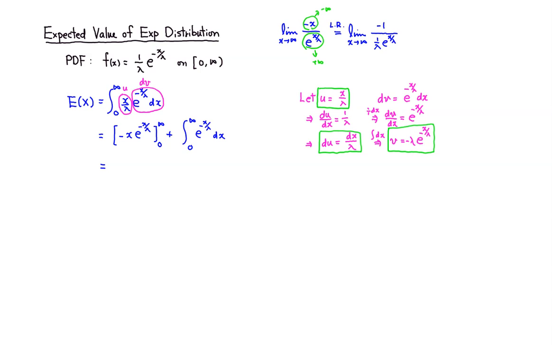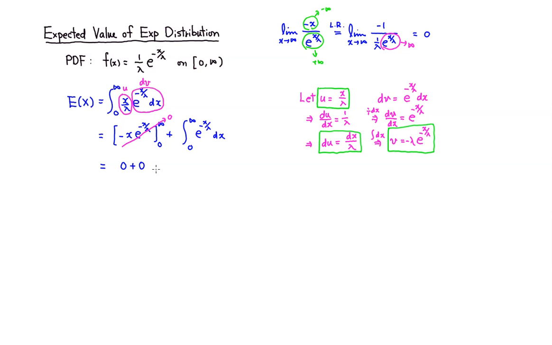As x approaches infinity, the denominator goes to infinity, so you are dividing negative 1 by a really big number, which approaches 0. So you have 0 minus, then the negative sign makes it plus. If you plug in 0, it's 0 because 0 times anything is 0. So this whole thing goes to 0, and we can ignore that.